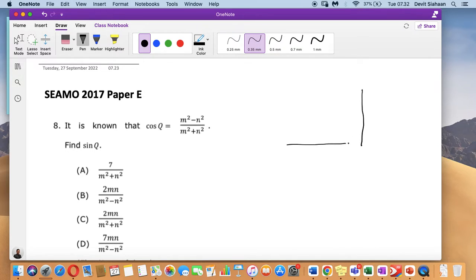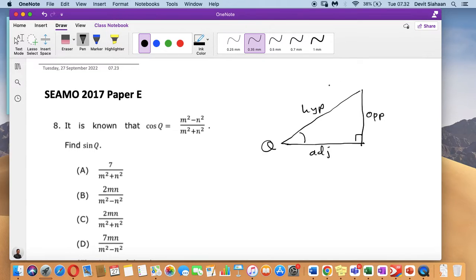If I have a right angle triangle here, and this is the angle Q, the front side, or the opposite side of the angle, we call the opposite. The side in between the angle and the 90 degrees we call the adjacent side. And the long side at the front of the 90 degrees, we call the hypotenuse.